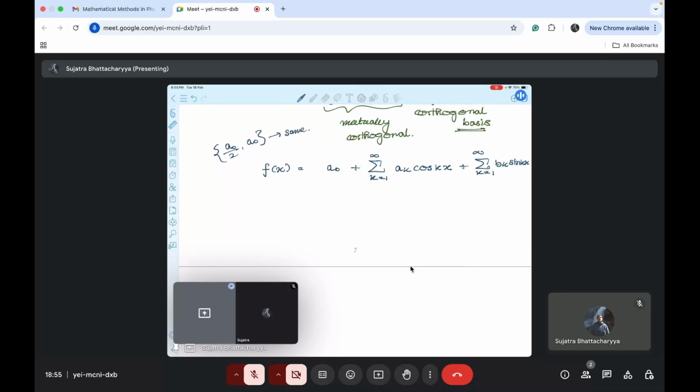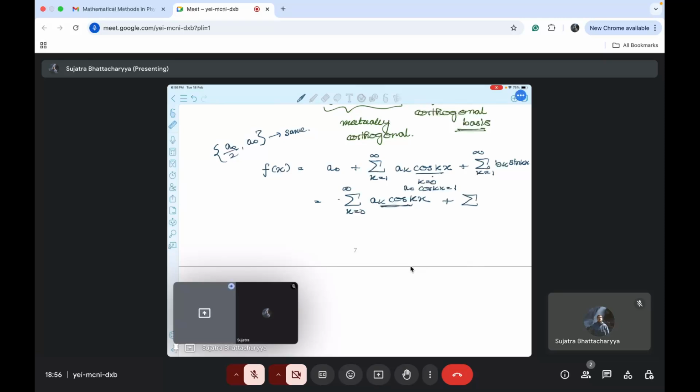So you can generalize this as the sum from k equal to 0 to infinity of a_k cos kx. You can clearly see that if k is equal to 0, cos kx will be equal to 1, and a_k will be equal to a naught, so a naught will be included here.